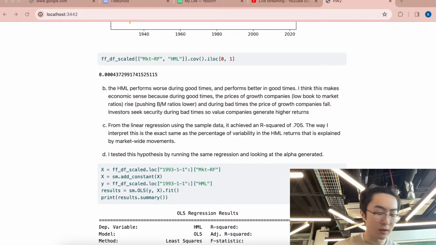Okay, and then we could divide this by the covariance matrix.